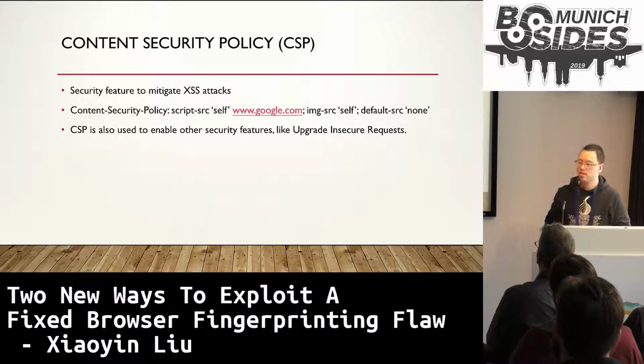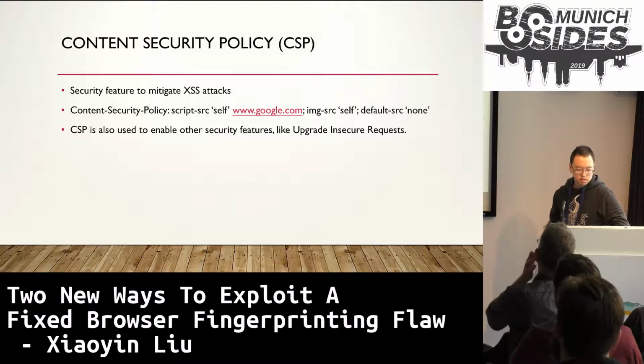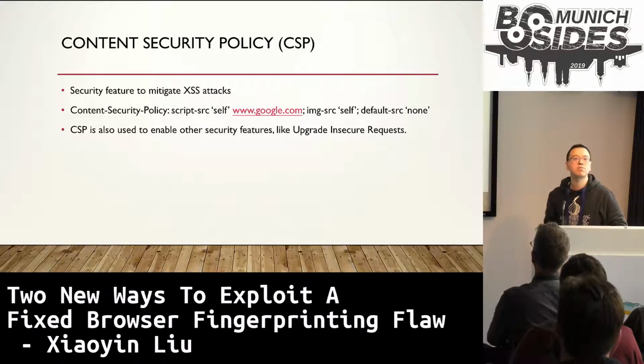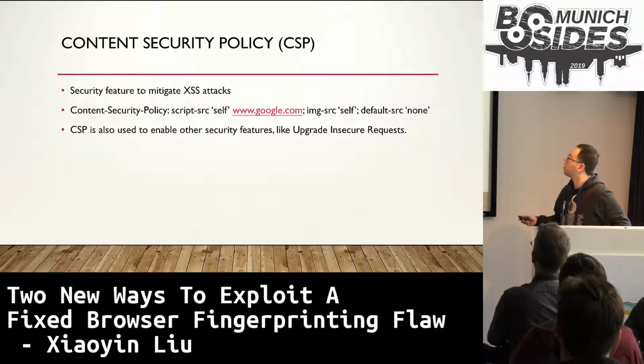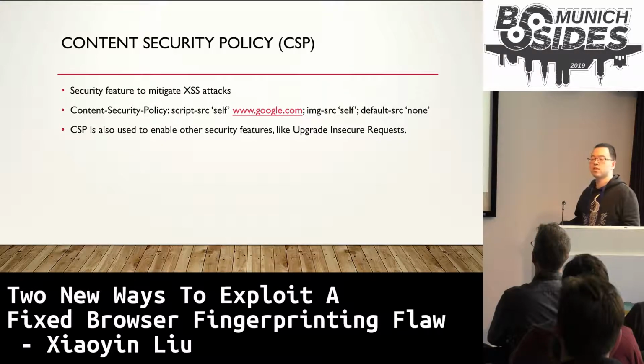Next is the content security policy. Content security policy is another security feature in web browsers. It was designed to mitigate cross-site scripting attacks. The second line is also a content security policy header, also an HTTP header sent by the server to the client.